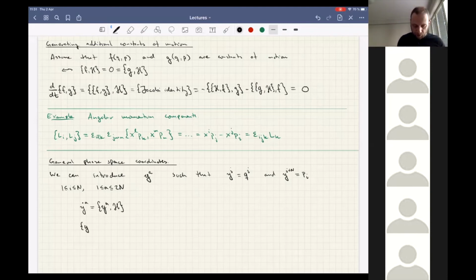So I can compute the commutator between ya and yb, and we're going to find that this is delta a, b minus n minus delta a minus n, b, and this is something that I can define as omega ab. And you see that this is anti-symmetric. In particular, if you write it down, it's going to have zeros on the block diagonals, something proportional to the identity in one off-diagonal block and something proportional to minus the identity in the other.